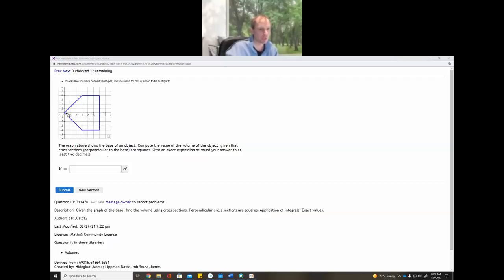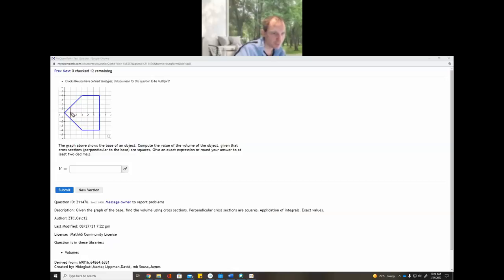If I wanted to try and draw that, you don't have to draw this, certainly, but just to give you an idea: cross sections perpendicular to the base are squares.